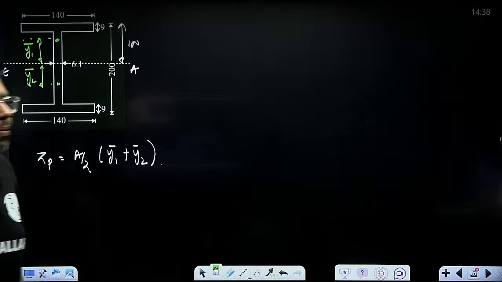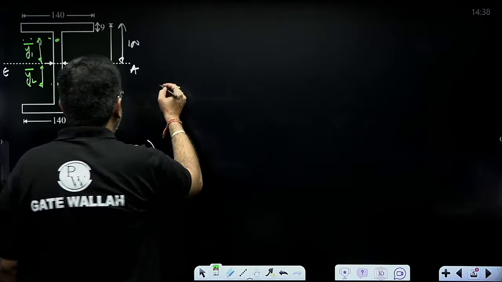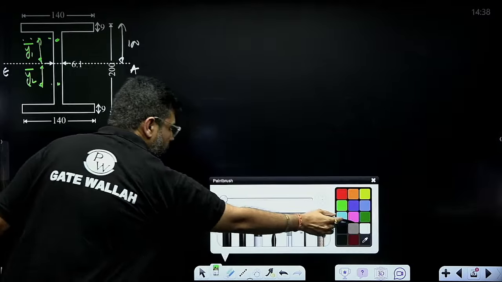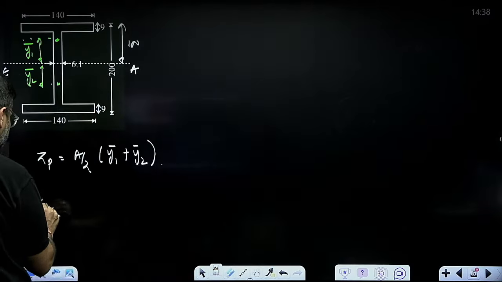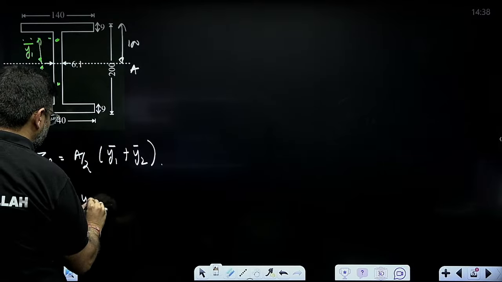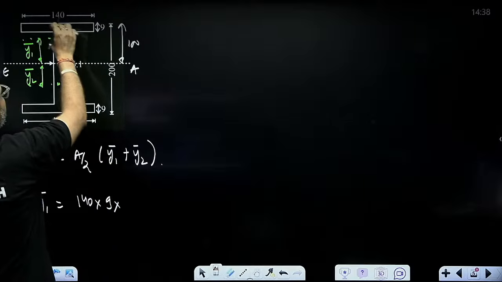Start the solution now. See, y1 bar is simply 140 into 9 into CG of this area.